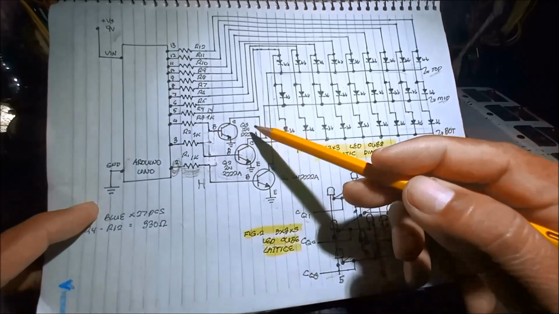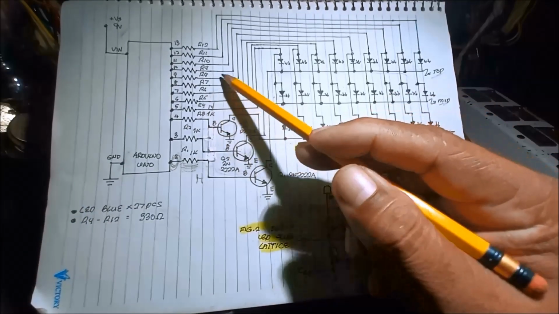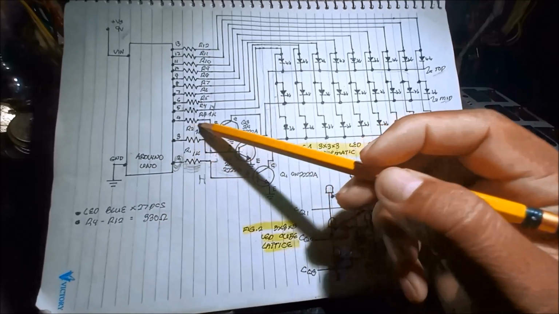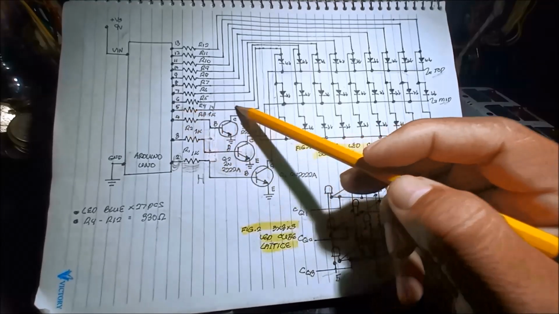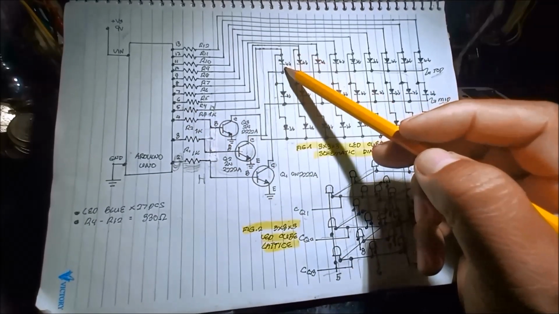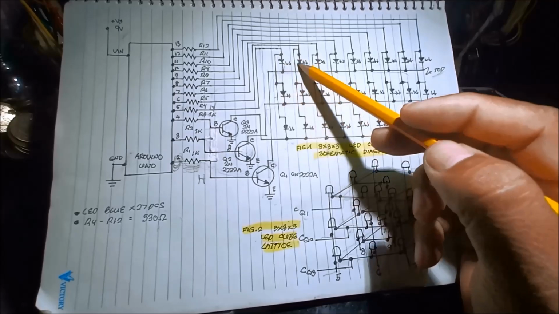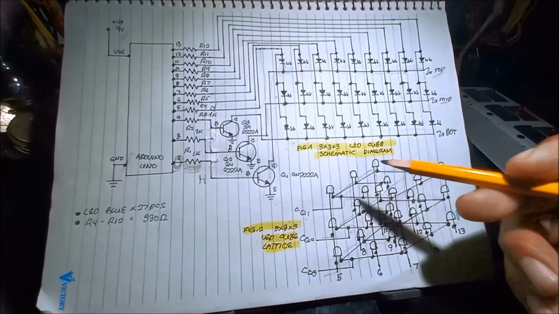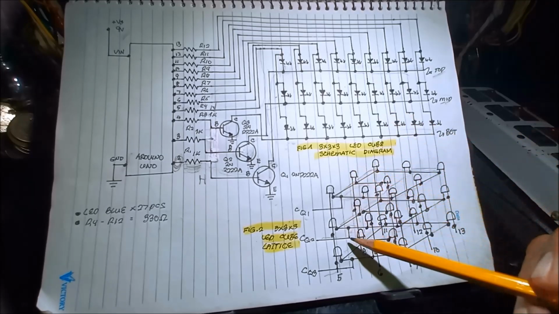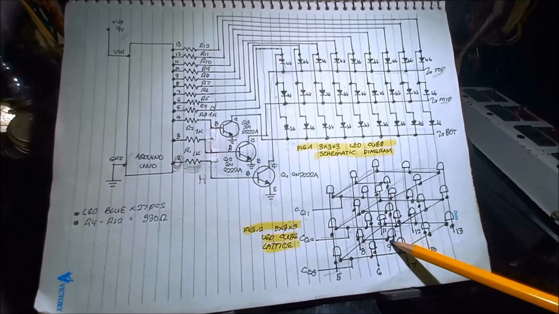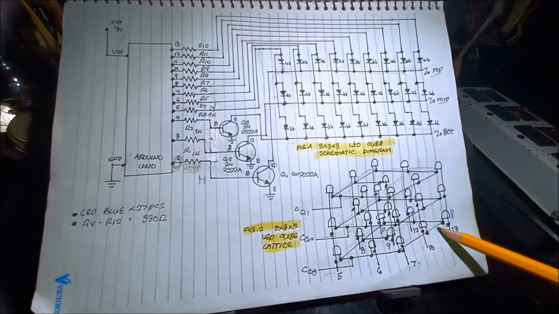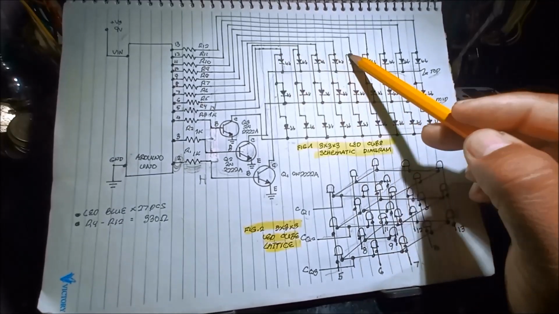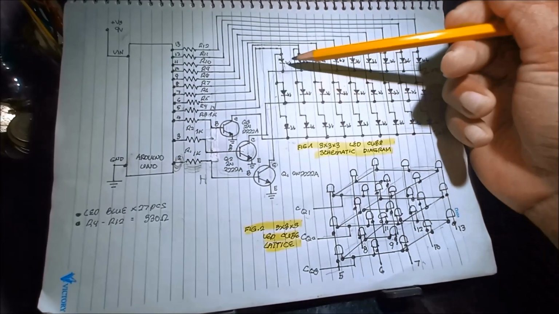R3 is 1K, and all other resistors are all 330 ohms. The resistor for pin number 5 is connected to here, 6, 7, 8, 9, 10, 11, 12, 13. Just like in the actual, you have 5, 6, 7, 8, 9, 10, 11, 12, 13.